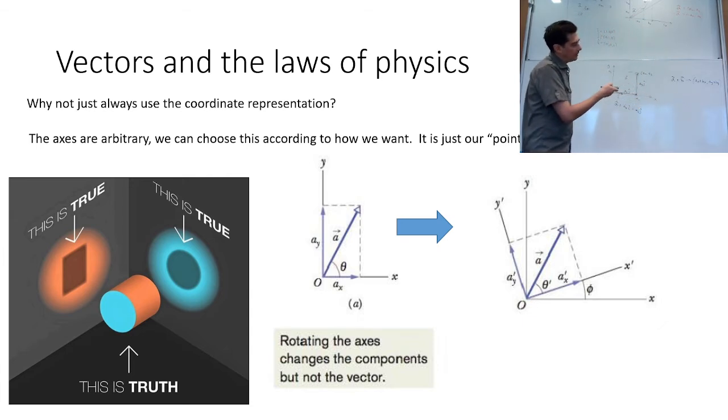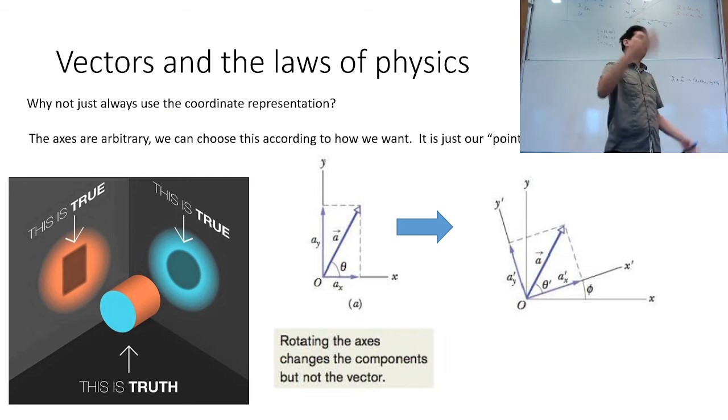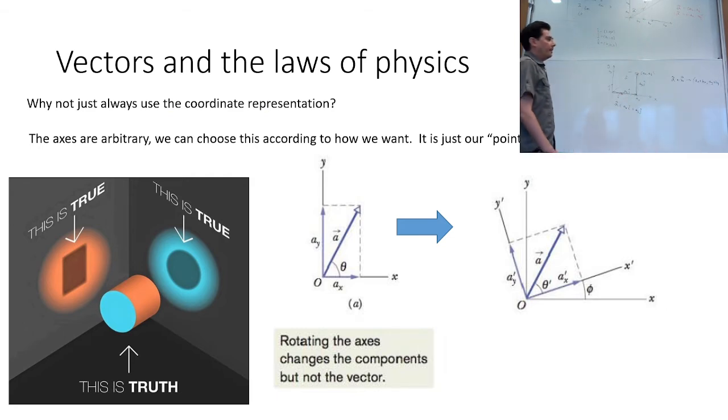As I was saying, often when you first encounter vectors, you almost think of them as the same as the coordinates, so that Ax, Ay is kind of the vector. But the point is that these numbers are somewhat arbitrary, because I could have chosen my axes to represent this vector in a different way.